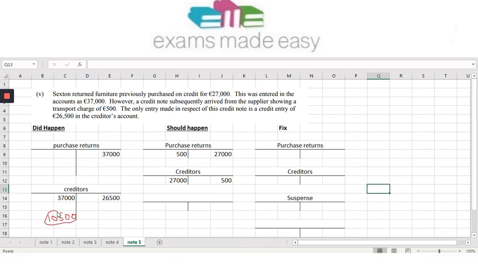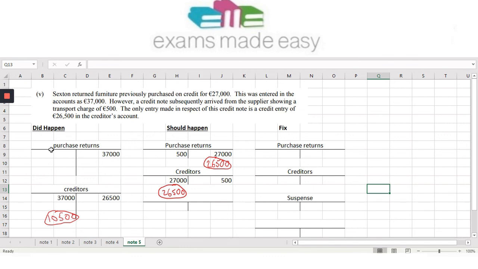Okay, that's what I have at the moment. If I was to balance this, I would have 26,500 on this side. That's the figure I'm trying to get to. It just makes it a bit easier to work out.